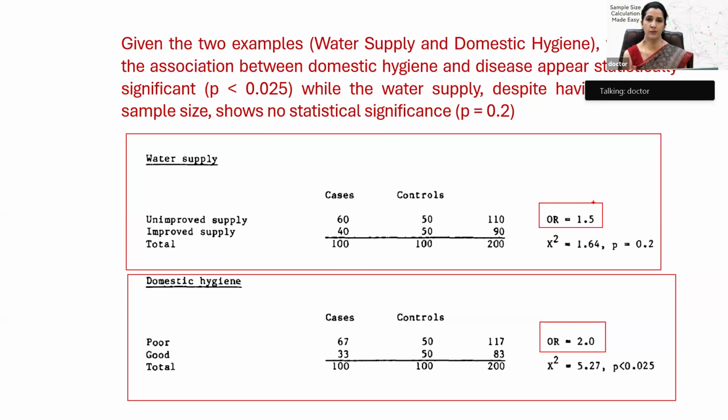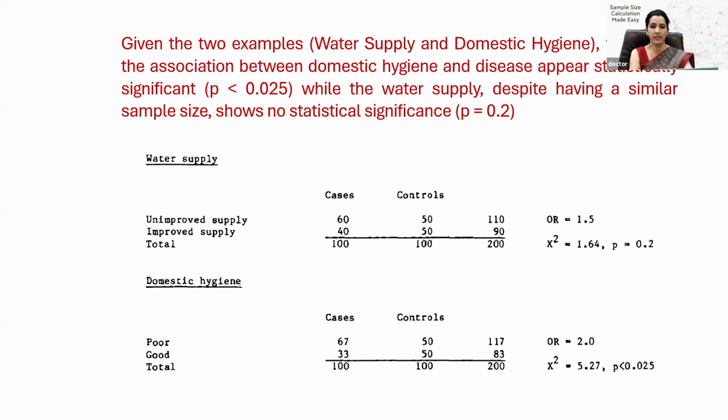Many students come to us with cases and controls and their odds ratio is not significant. A very important reason is that the sample size they have calculated, the cases and controls they have taken, is less. That means the power of the study will not be enough to detect that odds ratio as significant.